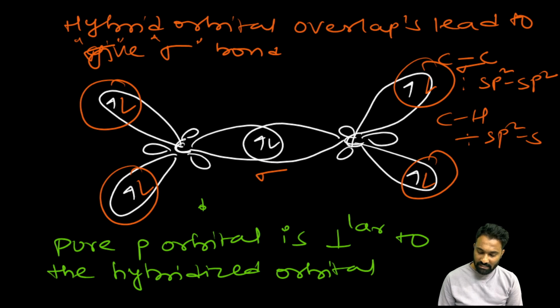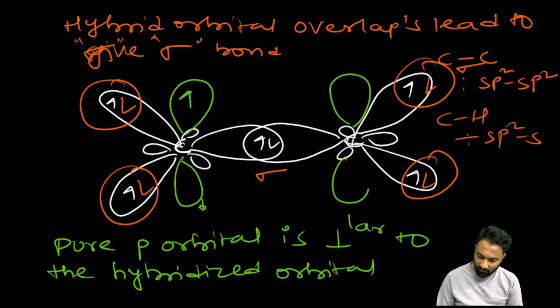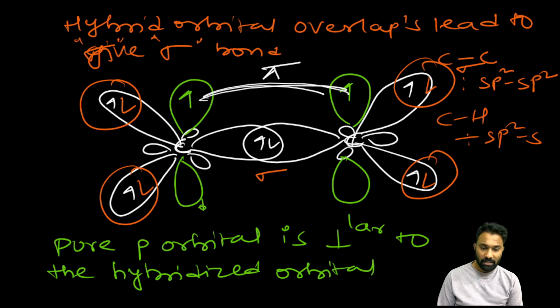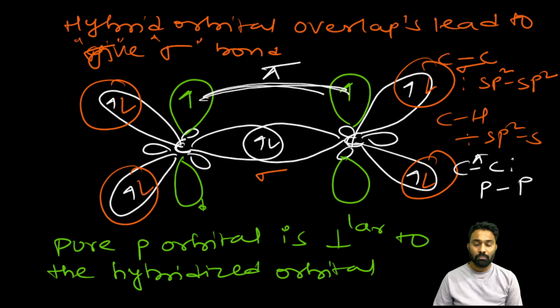So this carbon has one pure p orbital, and this carbon also has one pure p orbital, each with one electron. This pure p orbital is perpendicular to the hybridized orbitals. These two sideways overlaps lead to give which bond? The pi bond. So this carbon-carbon pi bond is formed by the overlapping of pure p and pure p.